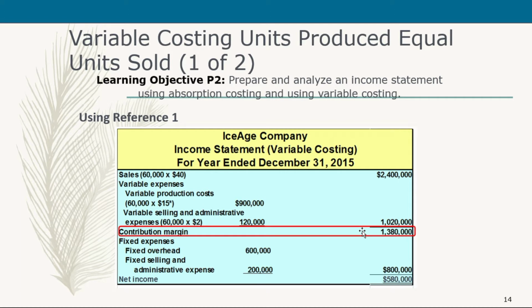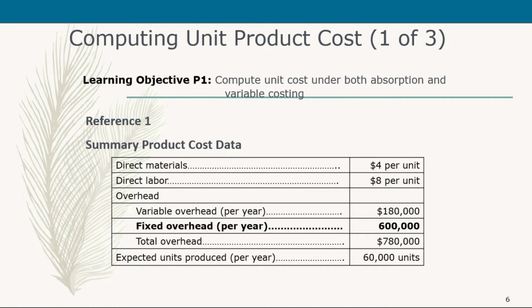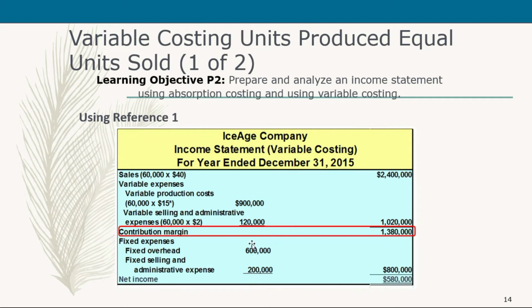Please do remember that your fixed expenses also have a breakdown of your fixed overhead and your fixed selling and administrative expenses. Now, for the fixed overhead, we go back to the slide relating to problem reference 1, it is already given in here, your fixed overhead of $600,000. Okay, it is here.